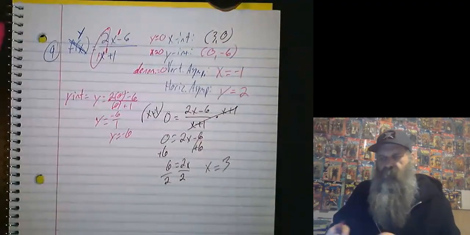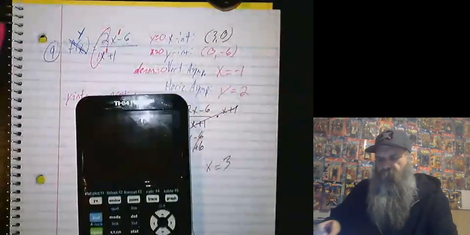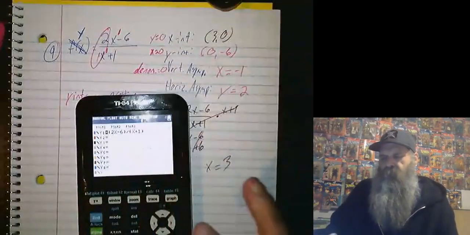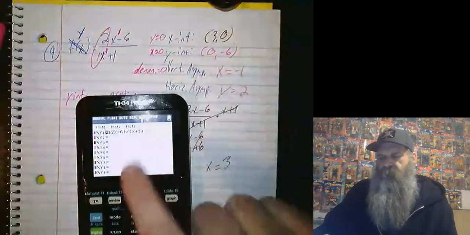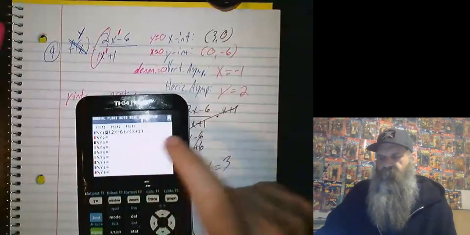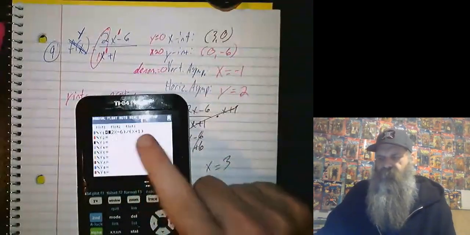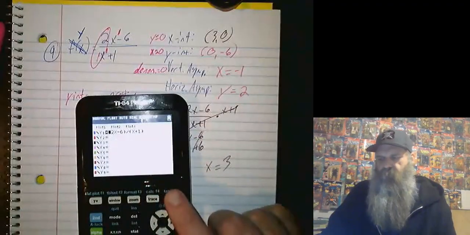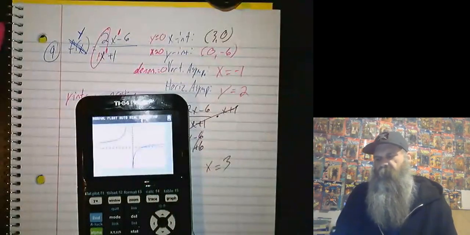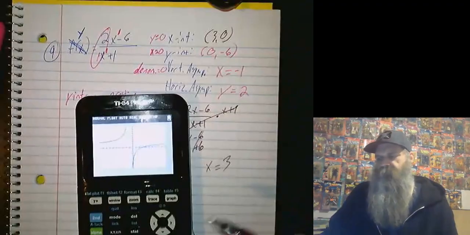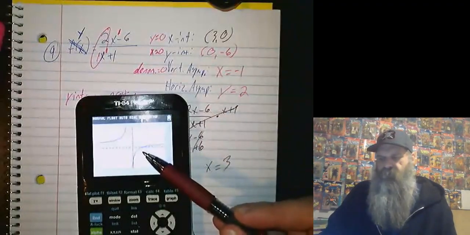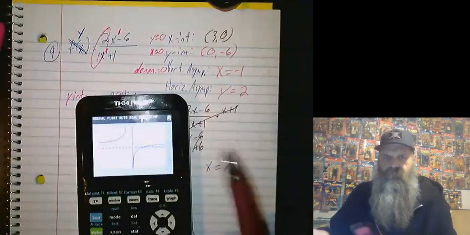And so you can also graph this. So put your numerator and denominator in parentheses, 2x minus 6, x plus 1. Hit graph. And we can see the x-intercept is at 3.